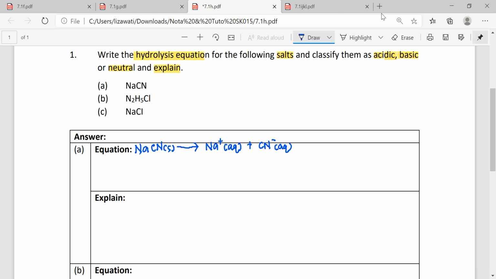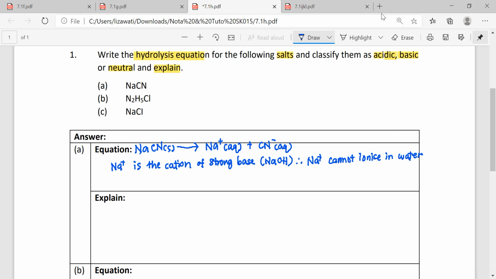We refer to Na+. Na+ is the cation of a strong base, that is NaOH. Therefore, Na+ cannot ionize in water.